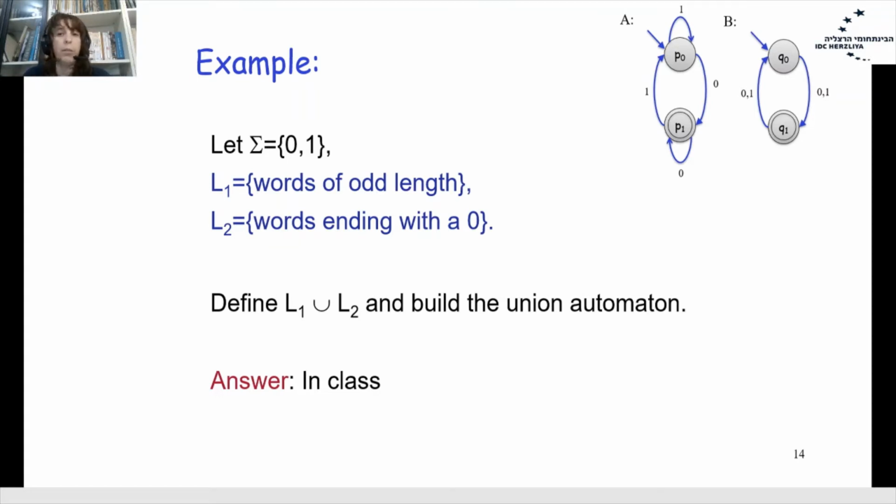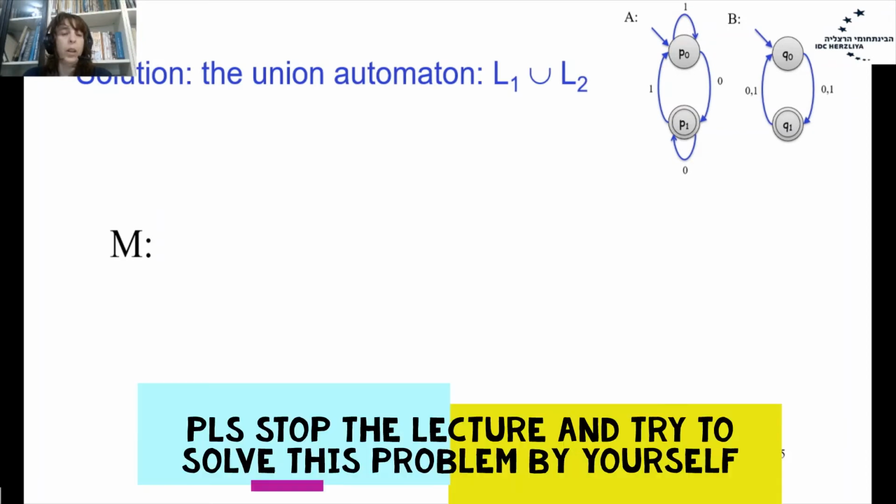Okay, first of all, we will start with the set Q of all the two-tuples of our automaton. So basically, we will have the state P0, Q0, and it will be the starting state.